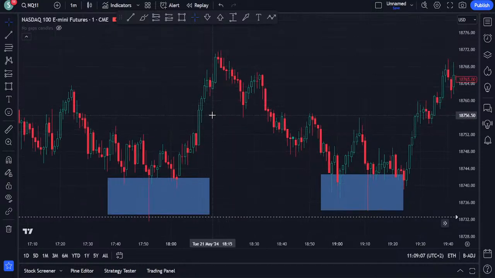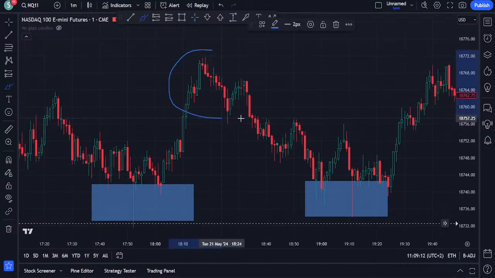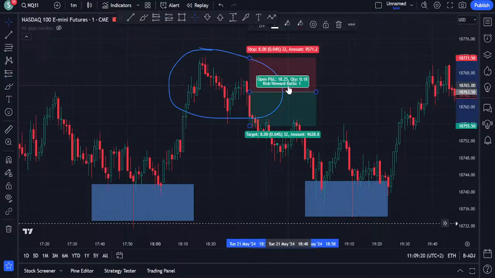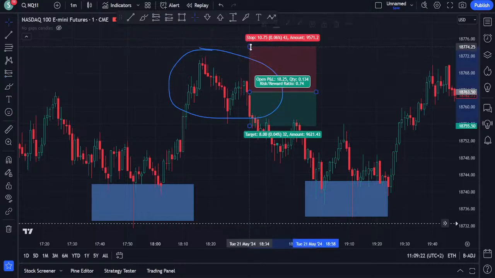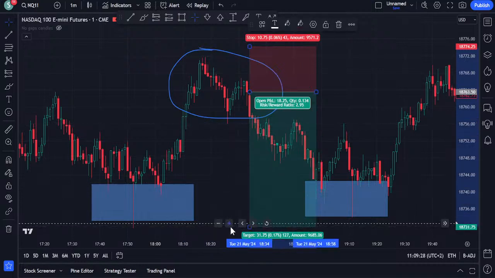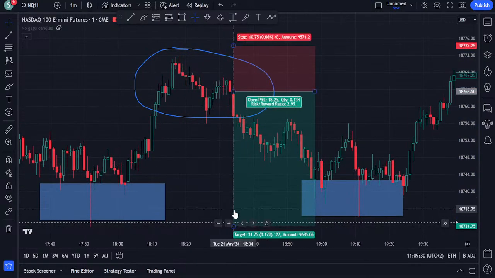structured shift. I don't even have to draw it because you see it, right? Here, right? Yeah. Huge structure shift. Target the lows. Target this. Let's target lows. Yeah, okay.